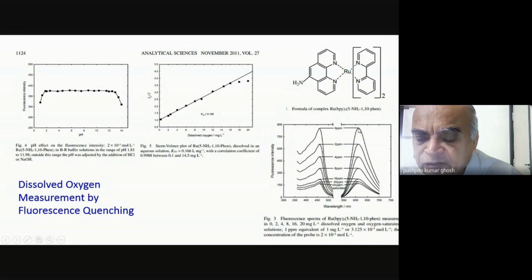But when there is oxygen in my solution, the excited state now has a different pathway for relaxing to the ground state. It may not do it by emission, but through a collision with the oxygen, and it could be either an energy transfer or an electron transfer quenching by the oxygen. So it can form singlet oxygen, and then the oxygen can relax.